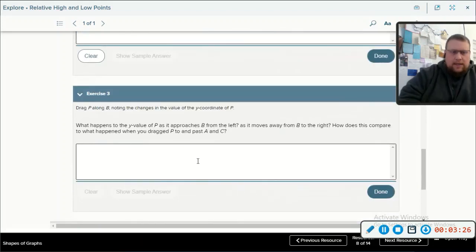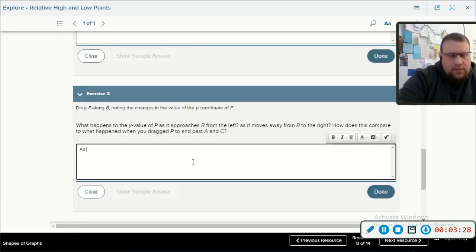So this is the exact opposite. As P approaches B from the left, the y value is decreasing.